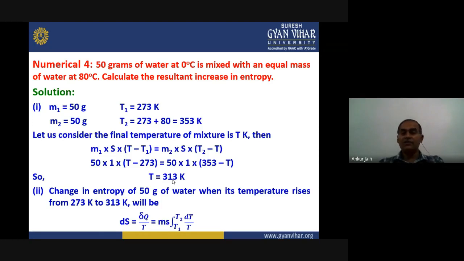Okay, now we will calculate the change in entropy. So the change in entropy of 50 gram of water when its temperature rises from 273 to 313 Kelvin. We will calculate it using the integration sign because the temperature is changing. That will be dS equals dq upon T, and here we can put m s dT upon T within the limits of T1 to T2, that means 273 to 313 Kelvin.